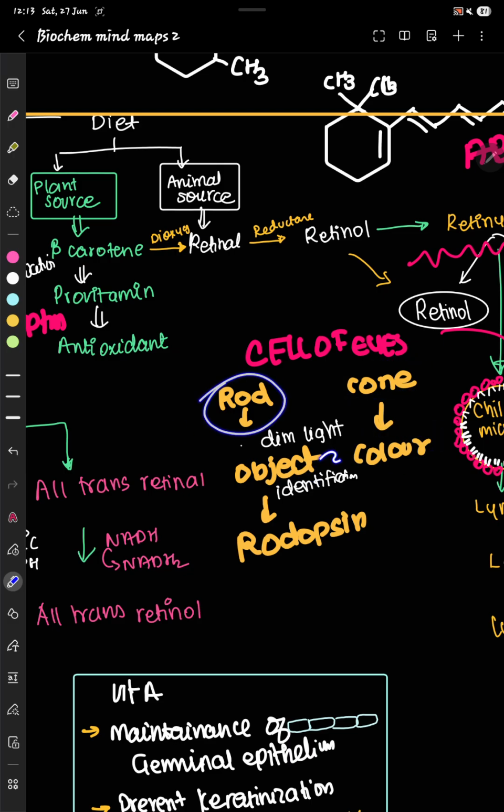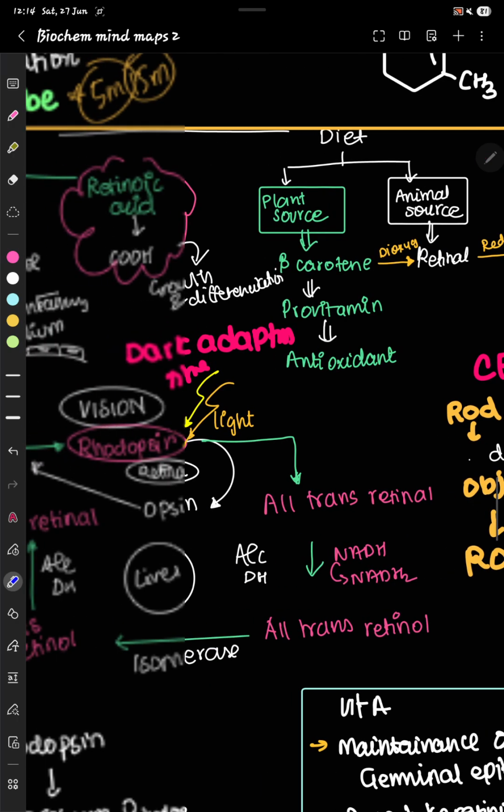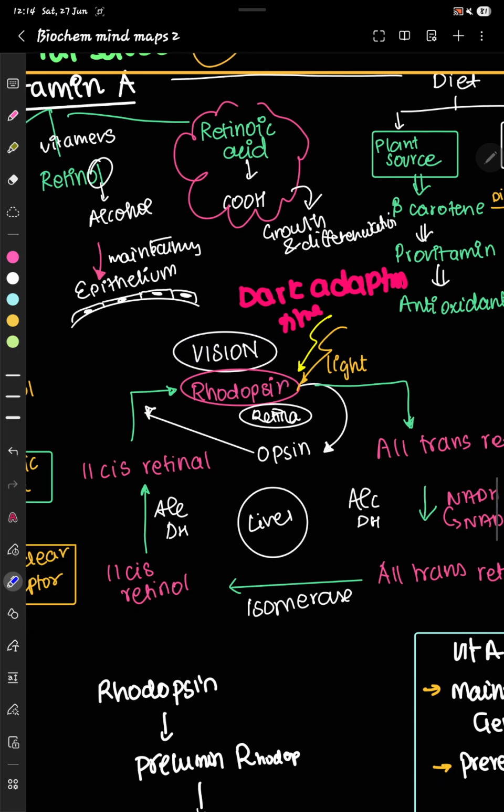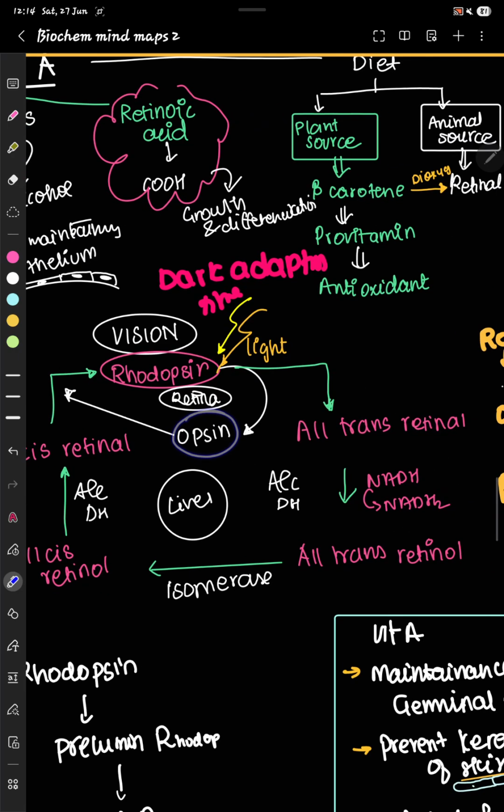The rod cells contain a protein called rhodopsin. When light falls on them, light being a stimulus, rhodopsin is split into opsin and all-trans retinal.